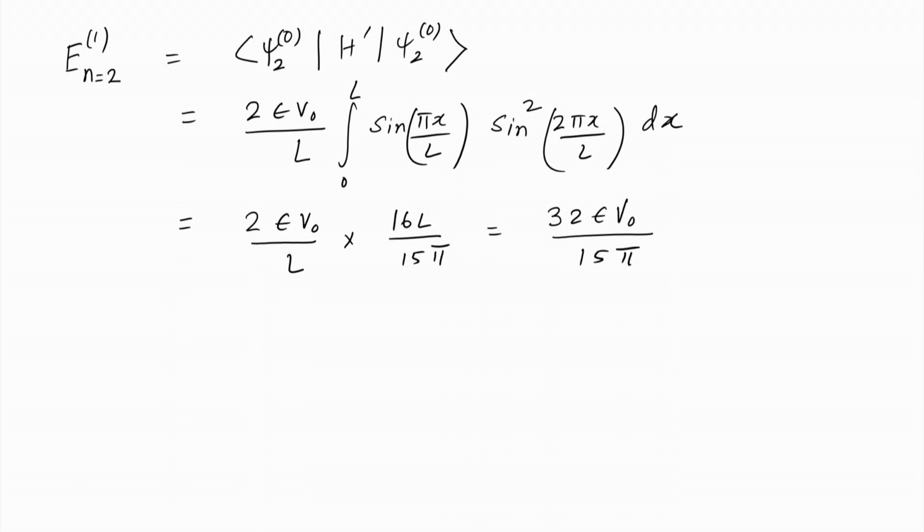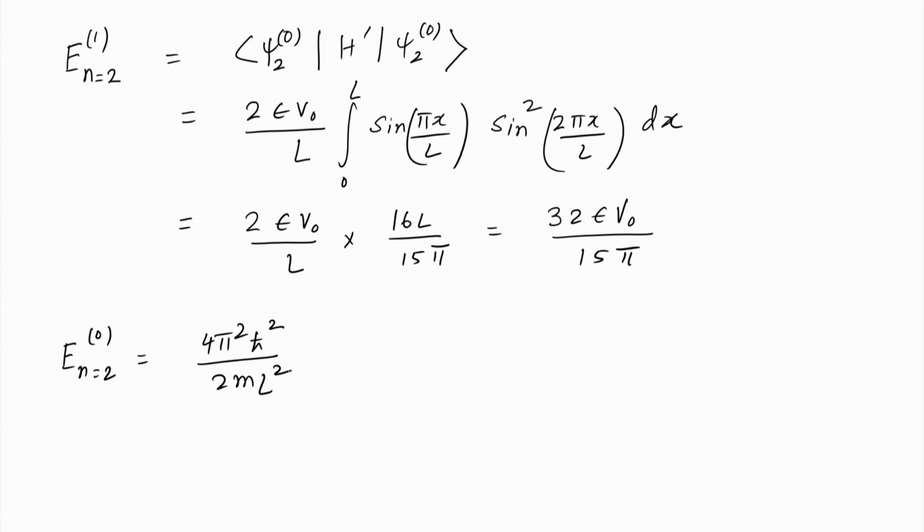So, the energy of the second eigenstate, E n equal to 2 0, has a value which is 4 pi square h cross square divided by 2 m L square.